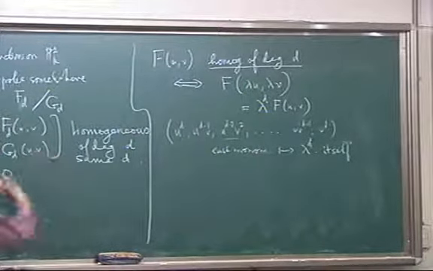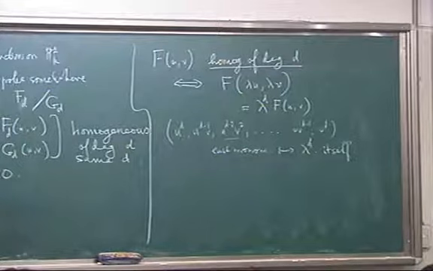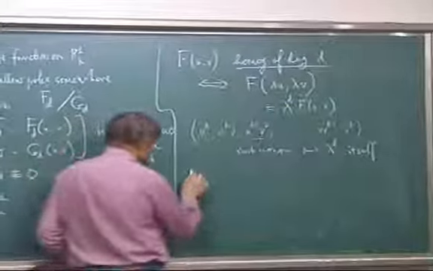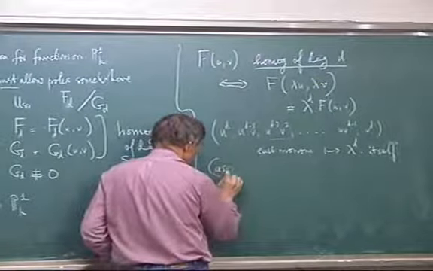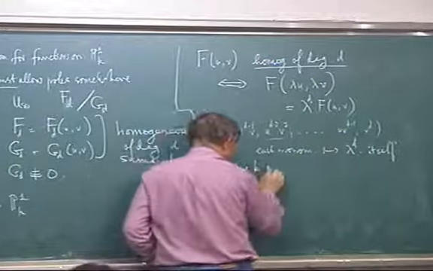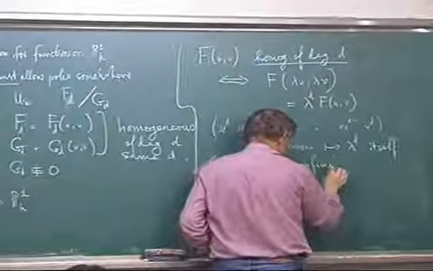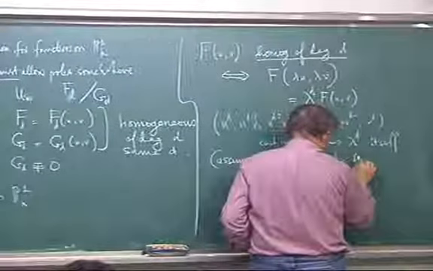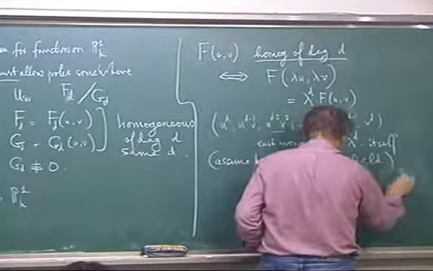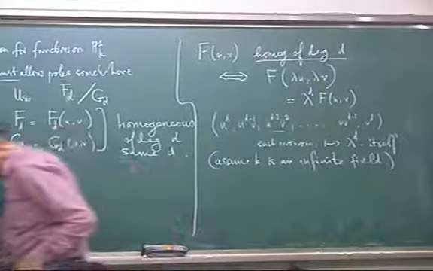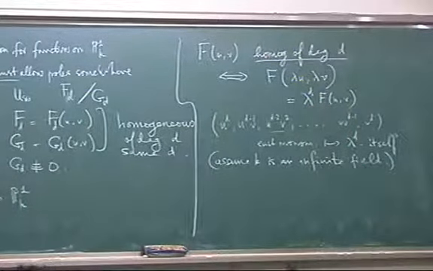The implication the other way works when the field K is infinite. So assume K is an infinite field. Those of you who at some time in the future do a course on Galois theory will learn that there are also finite fields and might be interested in those.